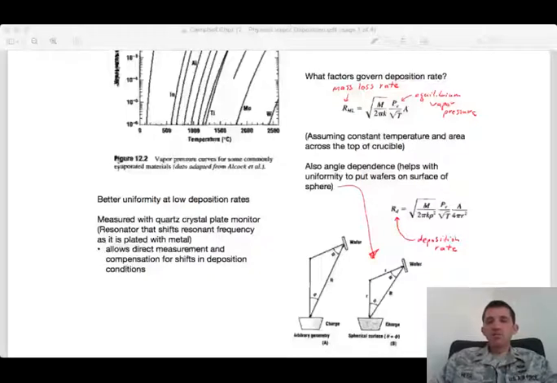And so I see here that as the radius gets bigger, the deposition rate goes down, which can be a good thing, right? Because at lower deposition rates, you actually get better uniformity.